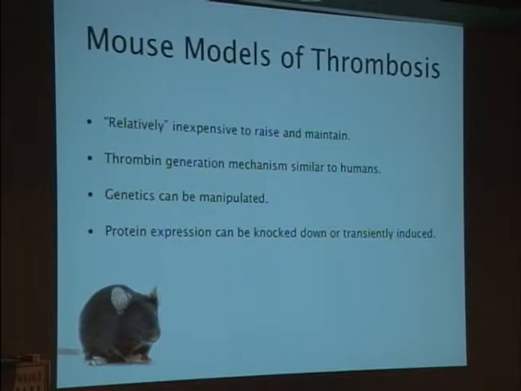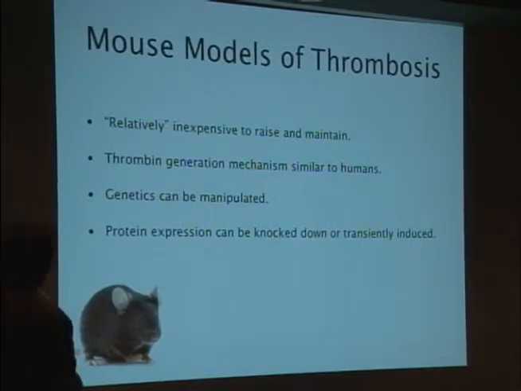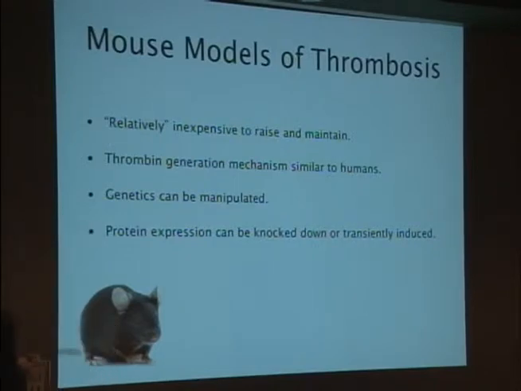We have been using mice extensively to try to figure out exactly how factor 11 participates in the thrombotic process, and also more recently, in collaboration with Umesh's group, to take a look at some drugs that actually target this protein. For us, mice are relatively inexpensive to raise and maintain, so they're our favorite thrombosis model.